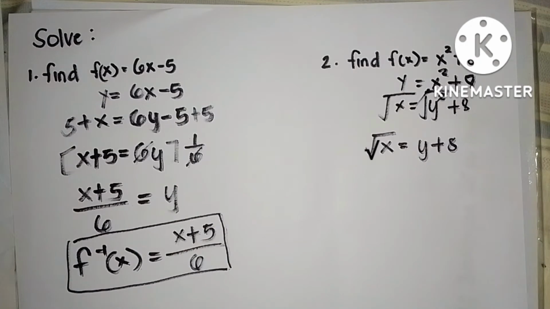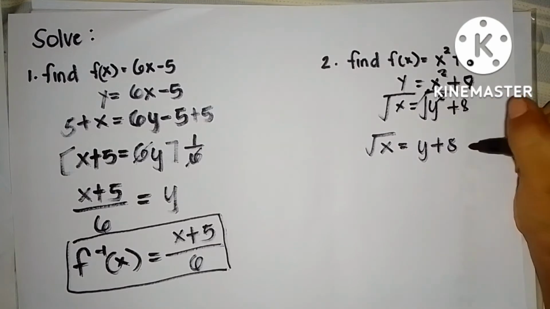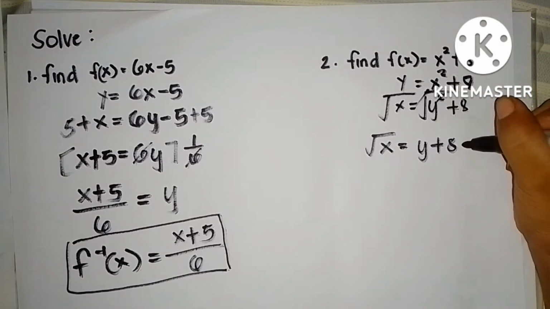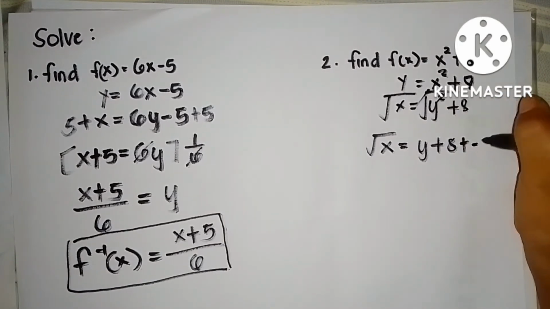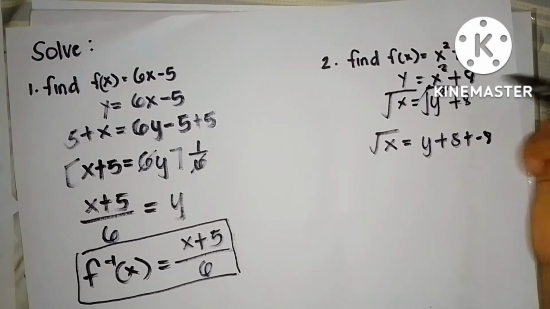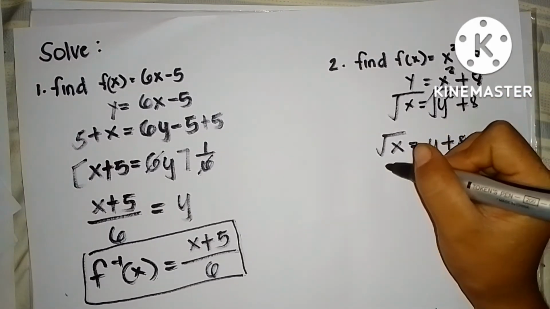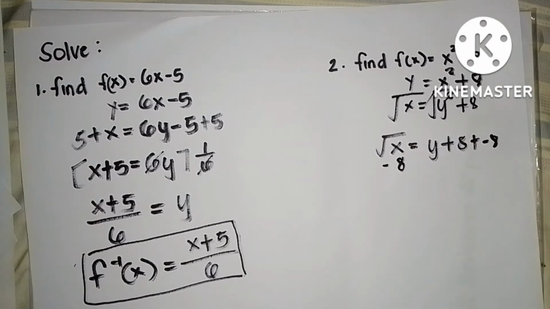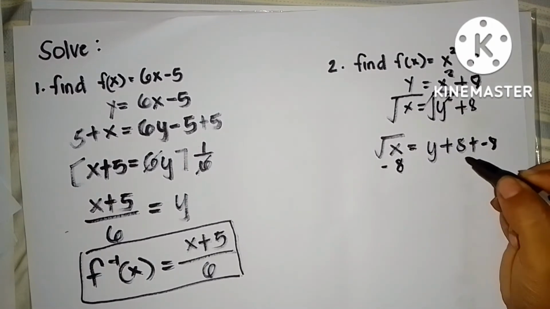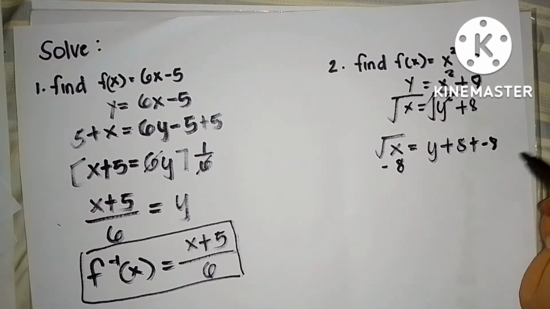And for our additive inverse, we need to add negative 8 to both sides. We have plus negative 8 and negative 8. So this will become positive 8 minus 8 equals 0.